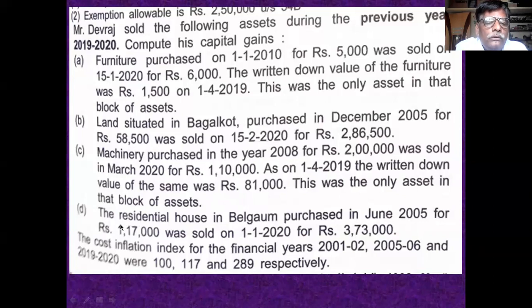So A point is short term, C point is short term. Then D point, the residential house in Belgaum. Acquisition year is 2005. Sold in the year 2020. It is held for 15 years. Therefore, it is long term. In this problem, there are two short-term capital assets and two long-term capital assets.